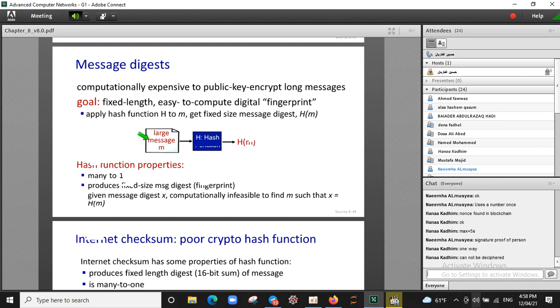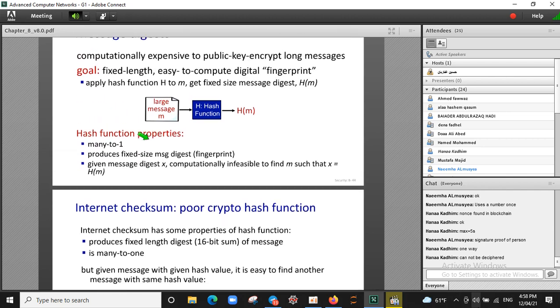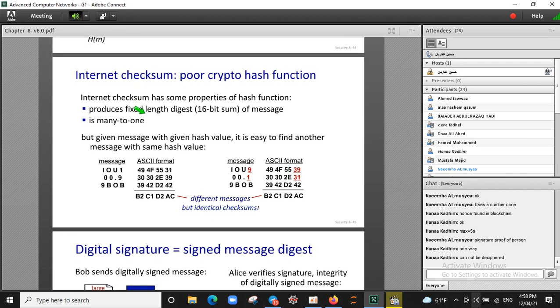We use this strategy in different cases. We can use the internet checksum, but the checksum is a poor hash function. Why?